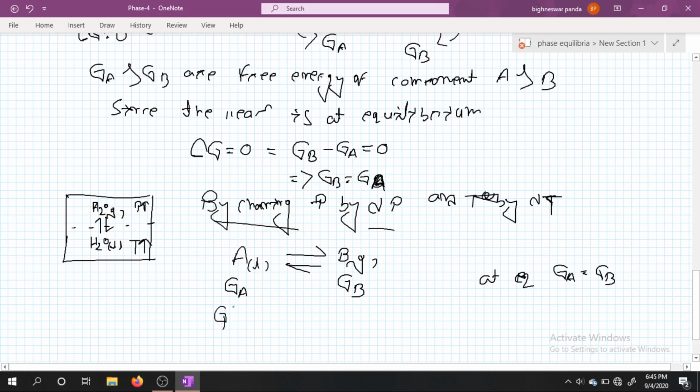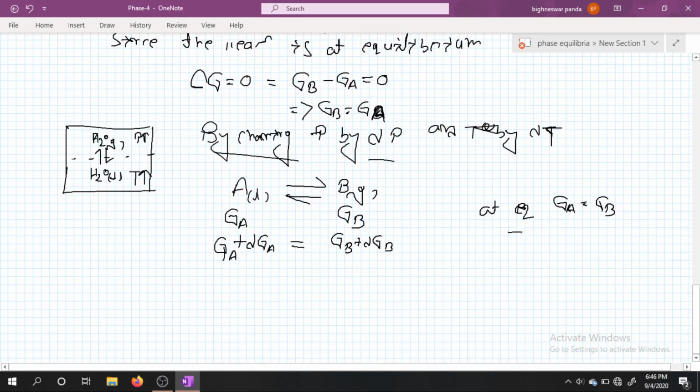The change in free energy for component A will be dGA and for B, dGB. So I can write GA plus dGA is equal to GB plus dGB. Since at equilibrium GA is equal to GB, dGA is equal to dGB.